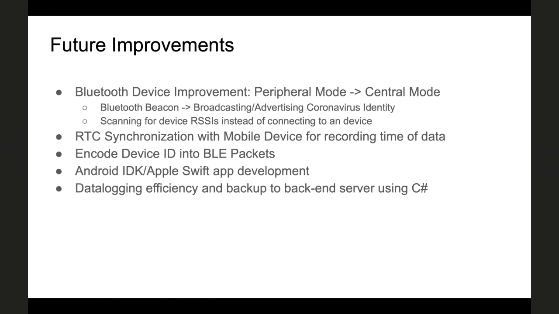We would also like to be able to implement real time on a mobile device by getting that mobile device's time for recording the data. We want to encode device ID into BLE packets and create apps for Android and Apple. We also want to improve data logging efficiency and back it up to a backend server using C#.